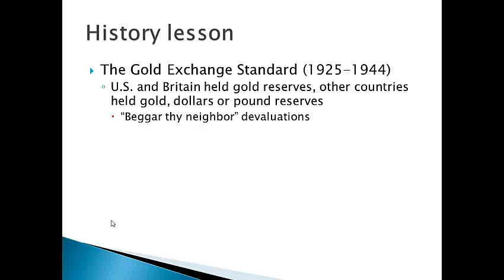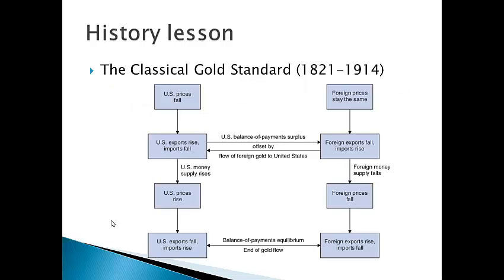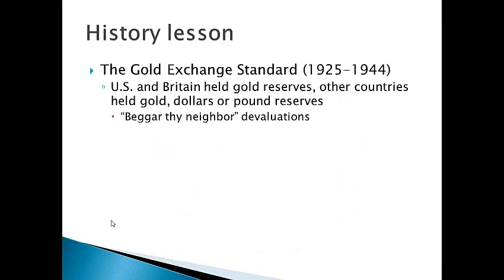Because anytime your currency dropped in value, your exports would rise. Well, if your exports rise, then you're producing more, so there's more demand, and then your economy does a little bit better. So they were trying to specifically devalue their currencies consistently. And when everyone does that, the system ends up falling apart.